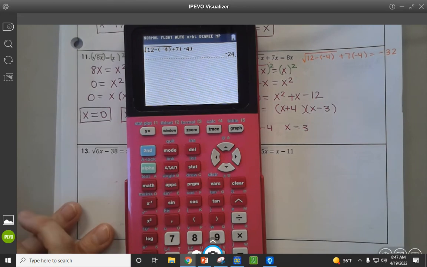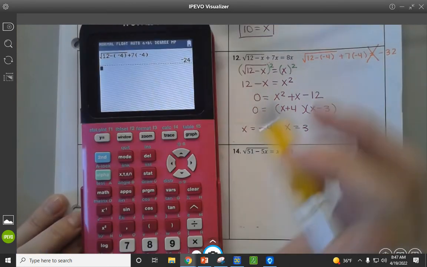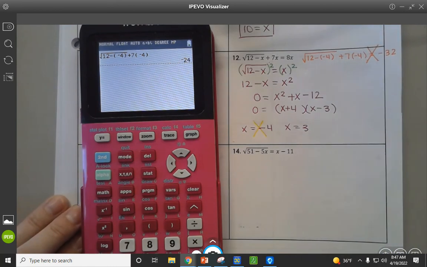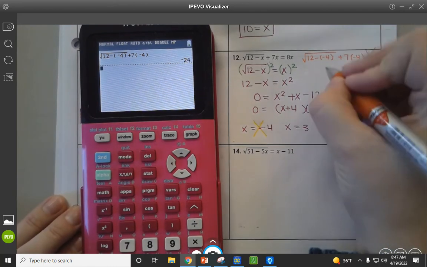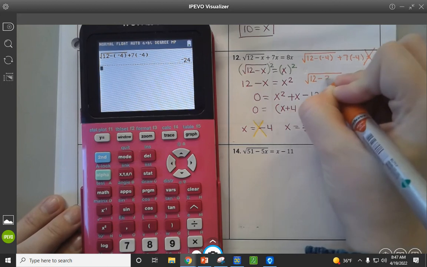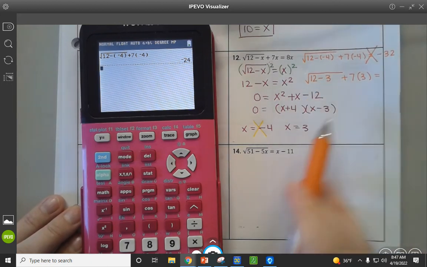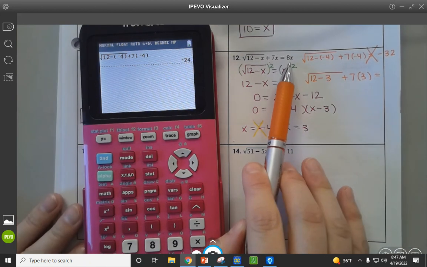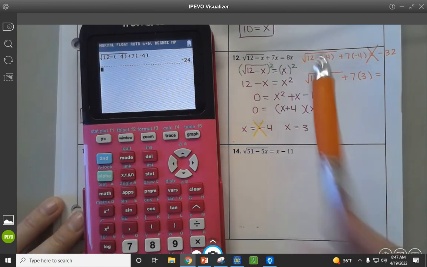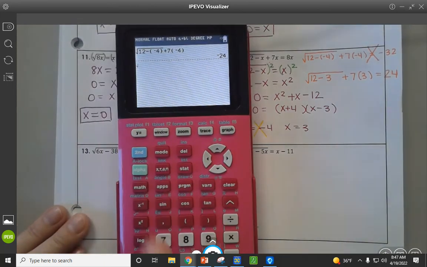Let's check the other one. 12 minus 3 plus 7 times 3. We want that to be equal to 8 times 3, which is 24. And it is. So the only solution on this one is 3.